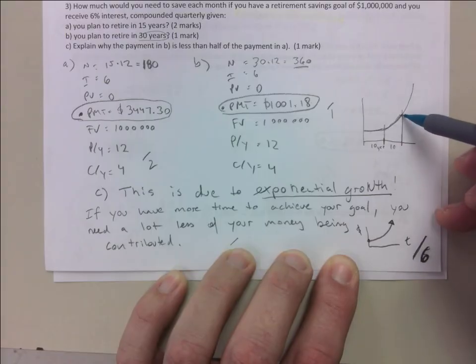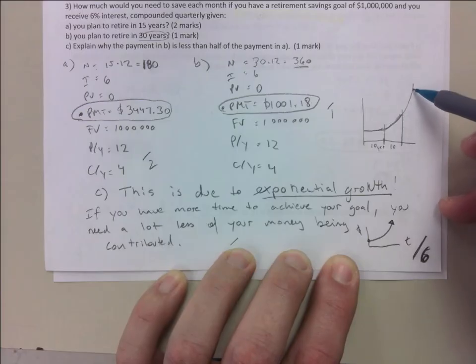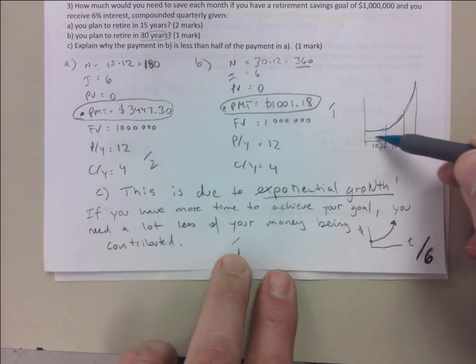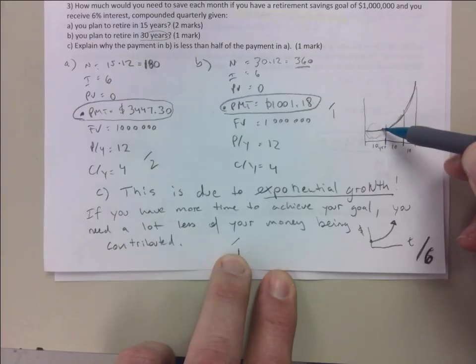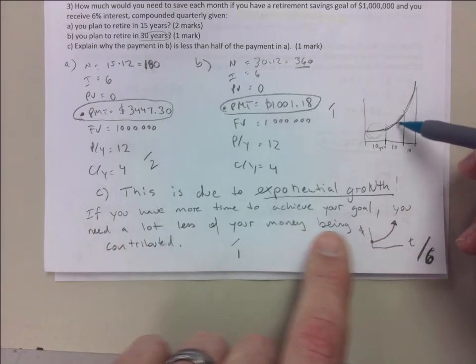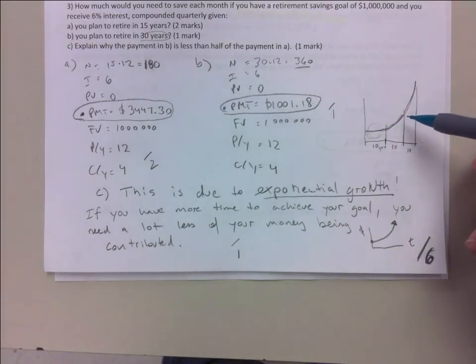Your money goes a lot faster. And let's say another 10 years go by, it goes even faster. So if you only have 10 or 15 years to save, you're not going to get that exponential growth effect. But if you have more time at your disposal, then you start seeing that rapid increase in your investment.